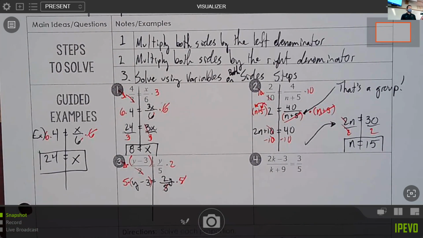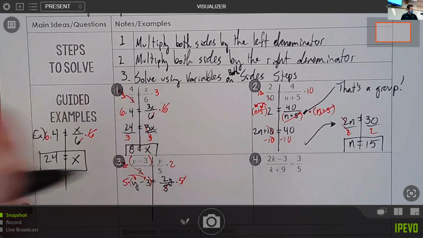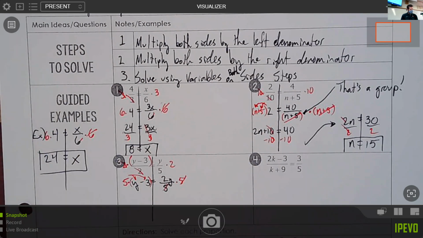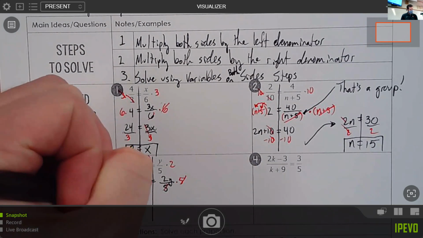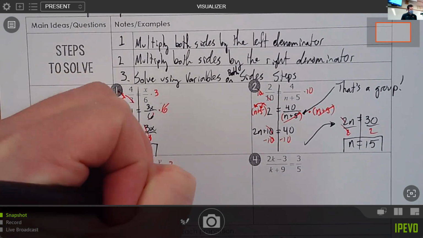So anytime you have a numerator or a denominator with addition or subtraction in it, it's going to be a group. So you're going to have to use the distributive property if you multiply by it. So we'll distribute the 5, and that'll give us 5 times y is 5y. 5 times negative 3 is going to be minus 15 equals 2y.